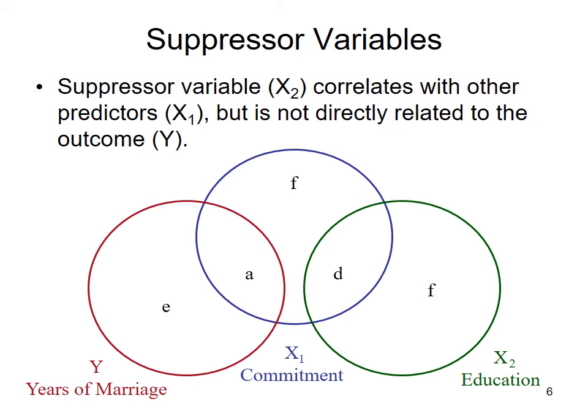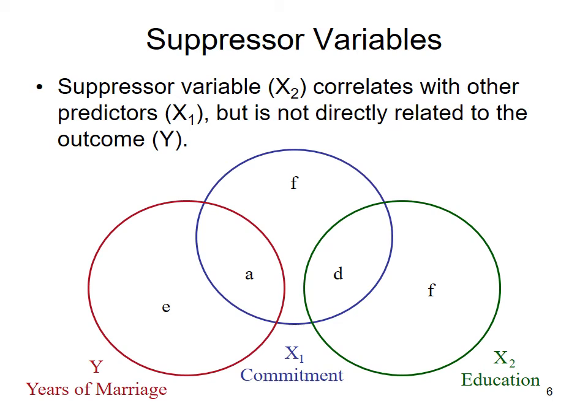Again, there's no easy test for a suppressor variable. It's one of the reasons when we run a multiple regression, especially if we have a lot of predictors, one of the first things we'll do is simply run a correlation matrix, which shows the unique bivariate correlations between every single predictor in our model. And again, a bivariate correlation just means a correlation between two variables. So it'll just give us a big table of the unique combinations of correlations between every single variable.